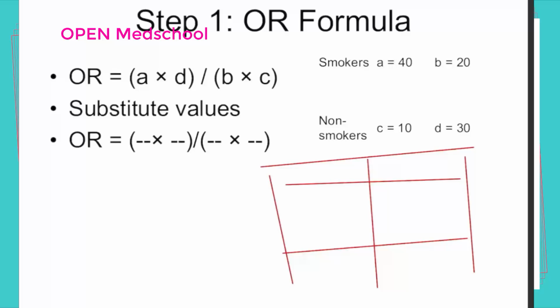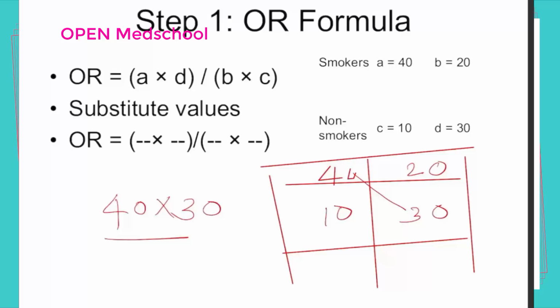So A will be 40, B is 20, C is 10, and D is 30. So odds ratio will be 40 into 30 divided by 20 into 10.